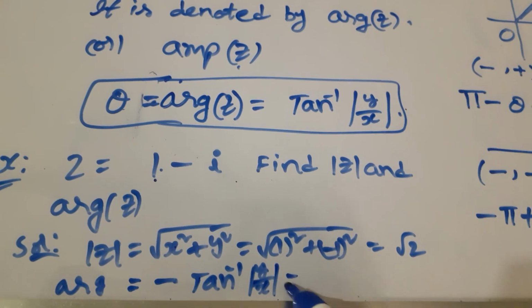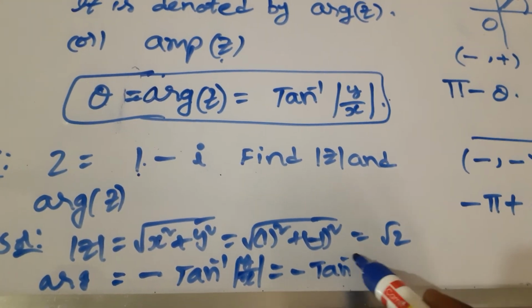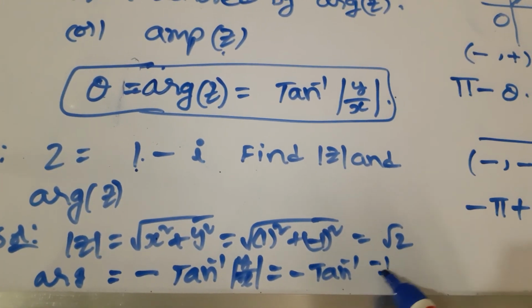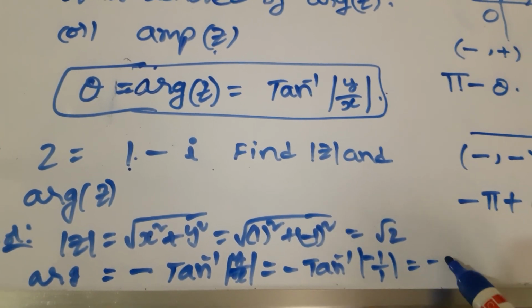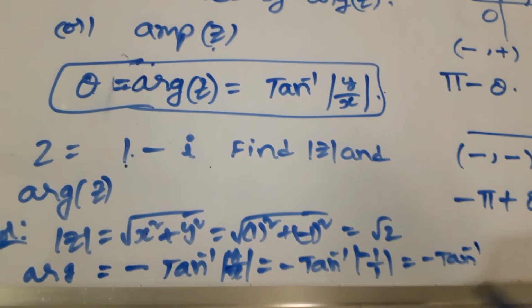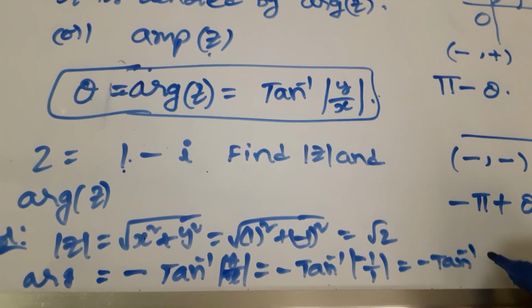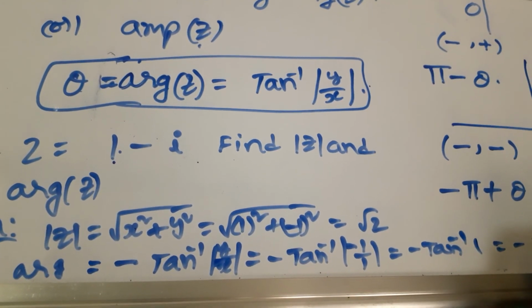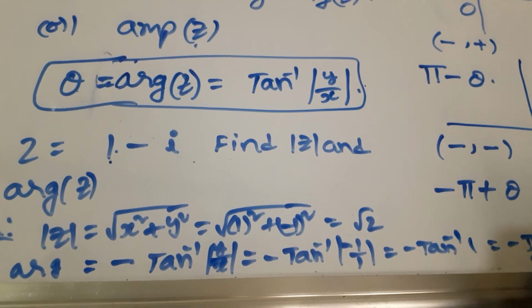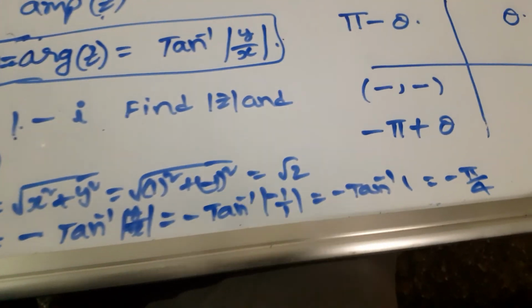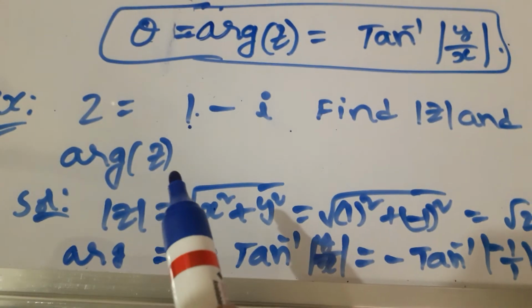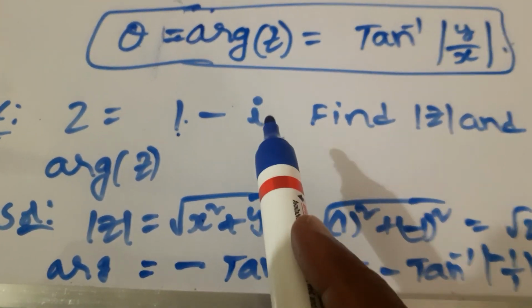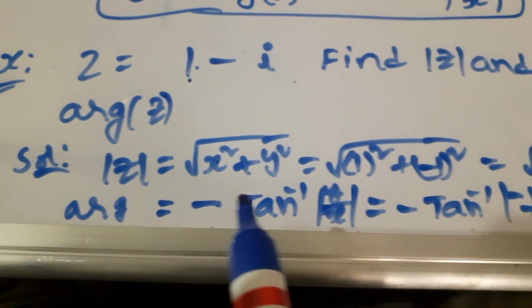So minus tan inverse of mod of minus 1 by plus 1. Modulus of minus 1 means plus 1. So this is minus tan inverse of 1, which is pi by 4. So it becomes minus pi by 4. So what is the argument of z here? In this case, z is equal to 1 minus i, arg z equal to minus pi by 4.